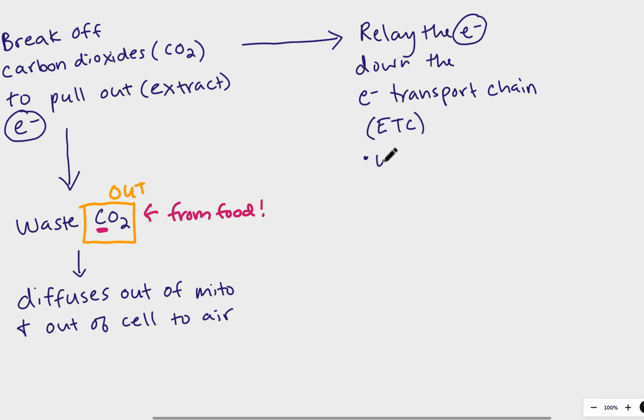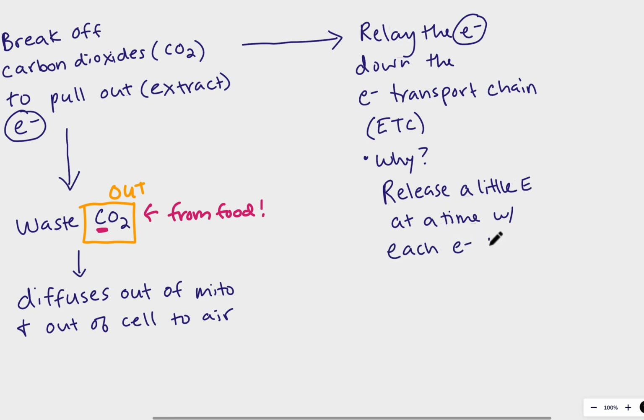And the question is, why do we do this? This allows us to release a little bit of energy at a time with each transfer of electrons. We can call it a handoff. So each time a complex in the ETC hands off the electrons, we release a little energy.